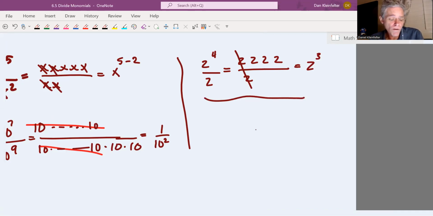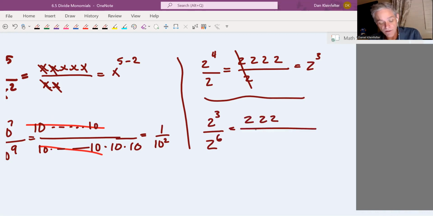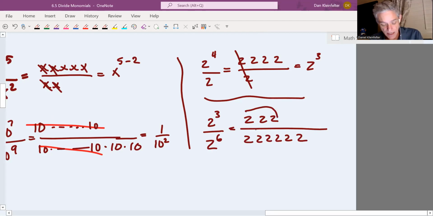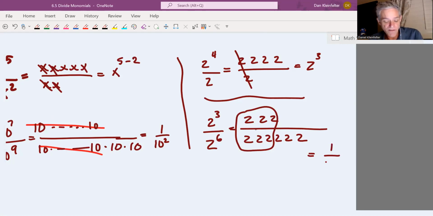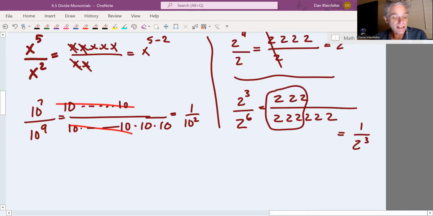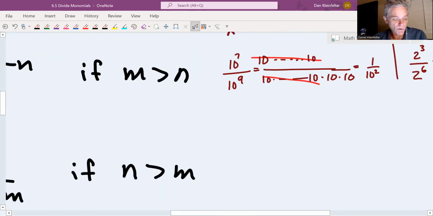If, again, there are more factors in the denominator, let's say z cubed divided by z to the 6th, here there will be 3 factors of z in the numerator, 1, 2, 3, 4, 5, 6 factors of z in the denominator, and you can see that 3 of them will get canceled out and we'll be left with 3 factors of z in the denominator. Okay, so that's the basis for how those exponent rules work.